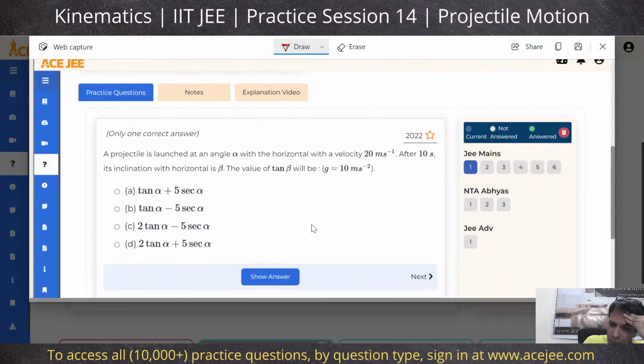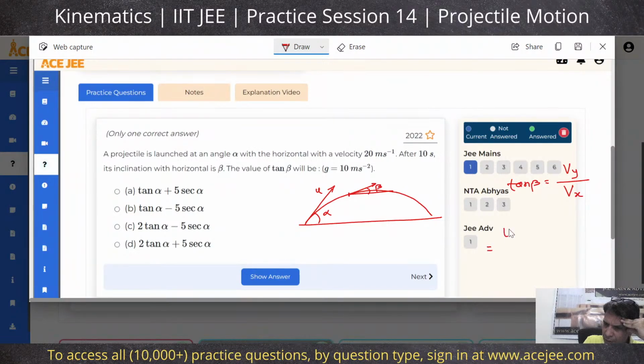So we're talking about this is the angle alpha, this is u at time t equals 10 seconds. What is the angle beta it makes? So tangent beta is Vy by Vx.